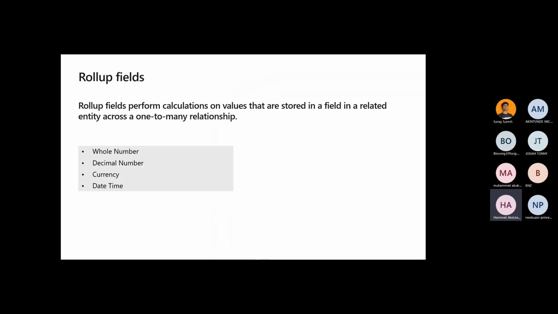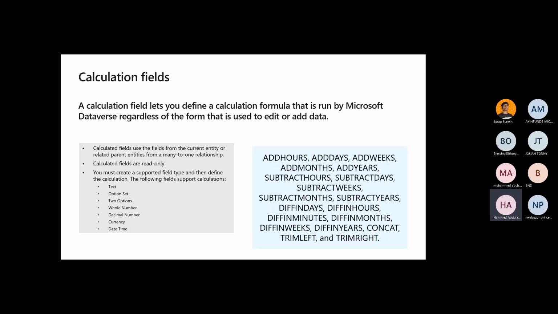You also have rules for fields to perform calculations based on what values you want to be stored within the column itself. These are supported for whole number, decimal number, currency, and date type, dates and time.